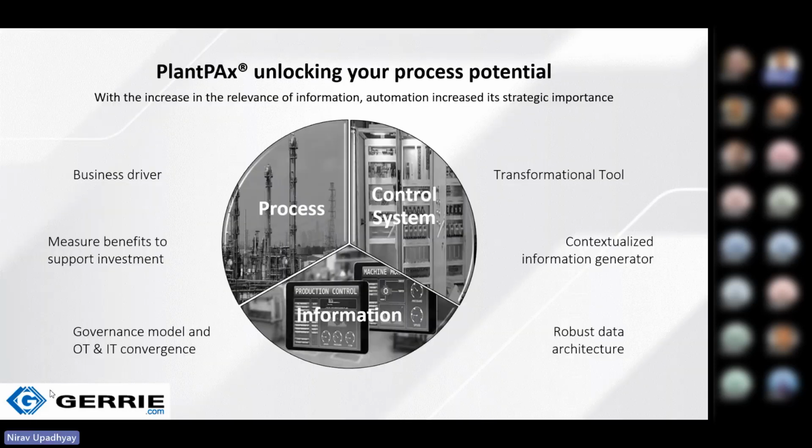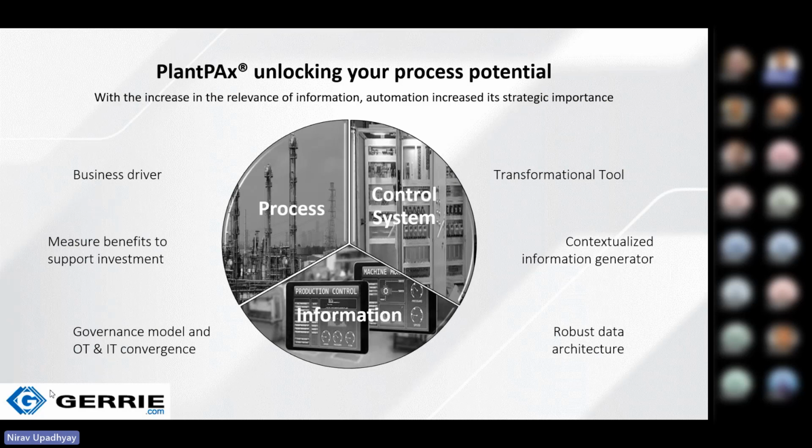So let's talk about the business. This slide is about the increase in the relevance of information. With that increase, automation increases its strategic importance, and PlantPAx is the right solution for that.